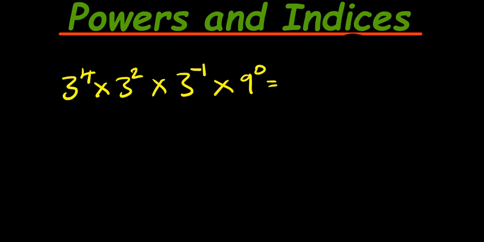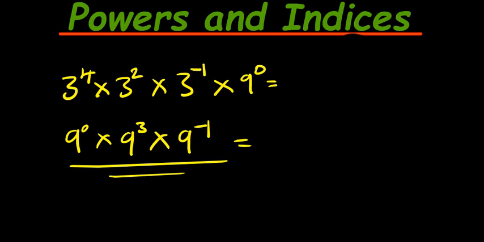What is your answer? And also try to evaluate 9 to the power 0 multiplied by 9 to the power 3 multiplied by 9 to the power negative 1. What is your answer? Try to go through this, see what you can find, and then you can comment your answer in the comment section.